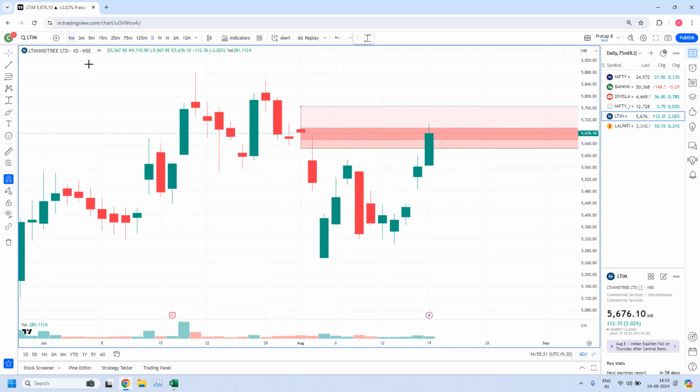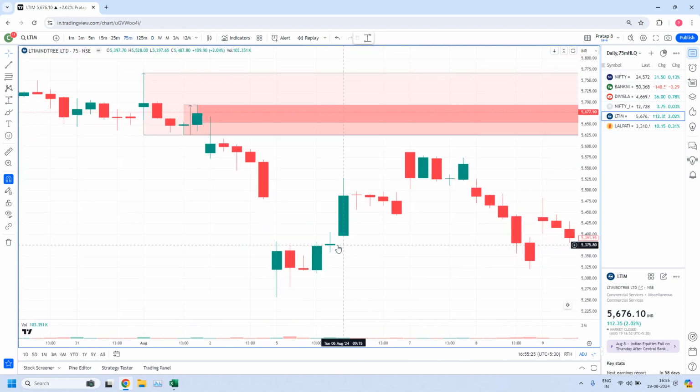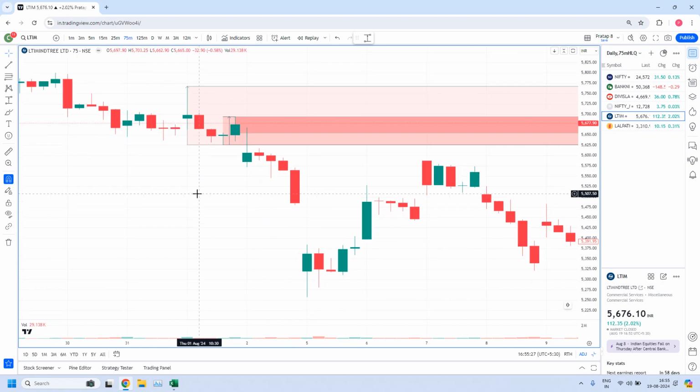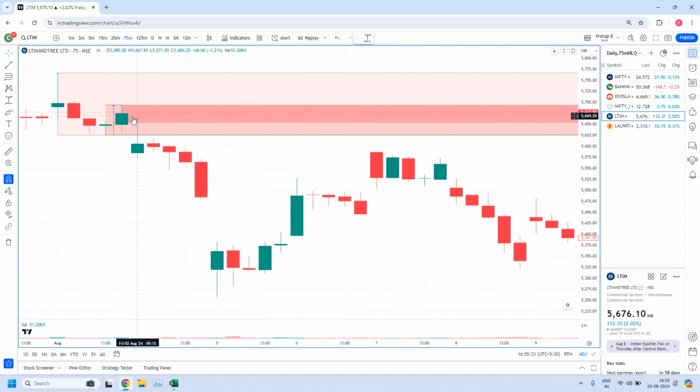This is the fine-tuned area. I have identified a 75-minute zone. We have a drop candle, 3 base candles and again a drop candle. Again you add the hidden body from here. If you add the hidden body, this is going to be a drop candle. This entire wick will become a drop.